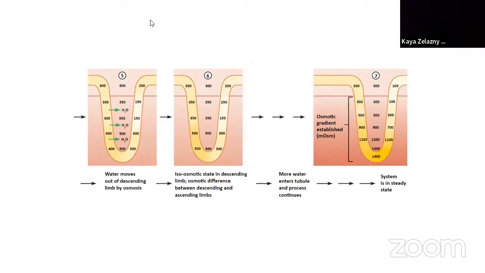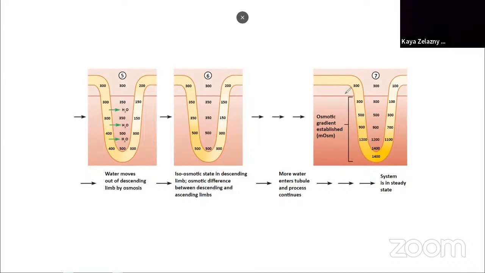want to really be familiar with, which is where our cortex and our proximal tubular fluid is at 300. But we have an increasing osmotic gradient established as we move down the medulla. And the same thing we see in the descending limb.